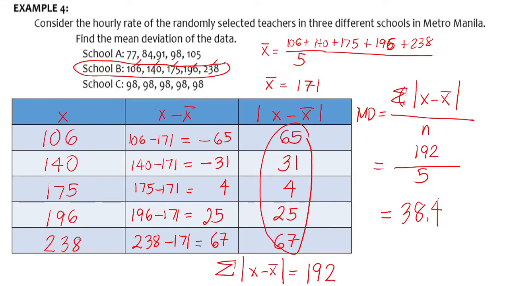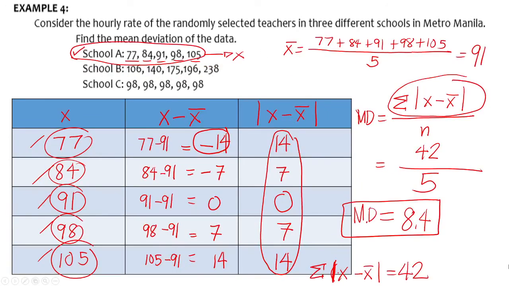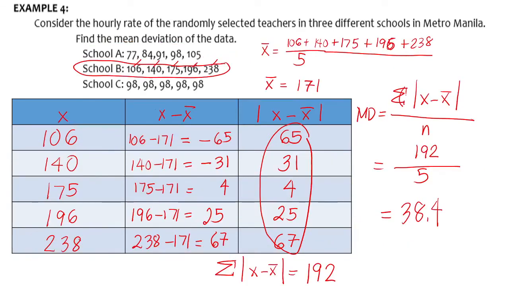So look at our first example. What's the mean deviation? 8.4. The second example, how much is the mean deviation? 38.4.